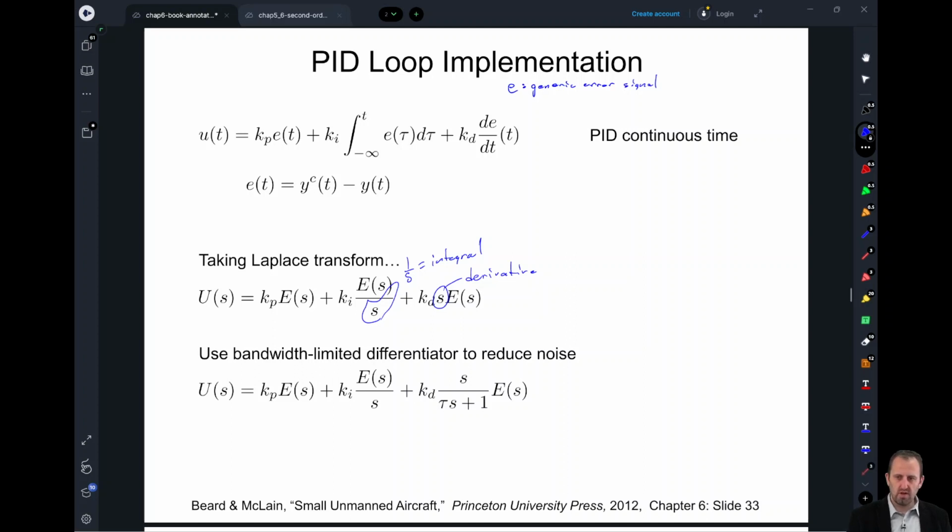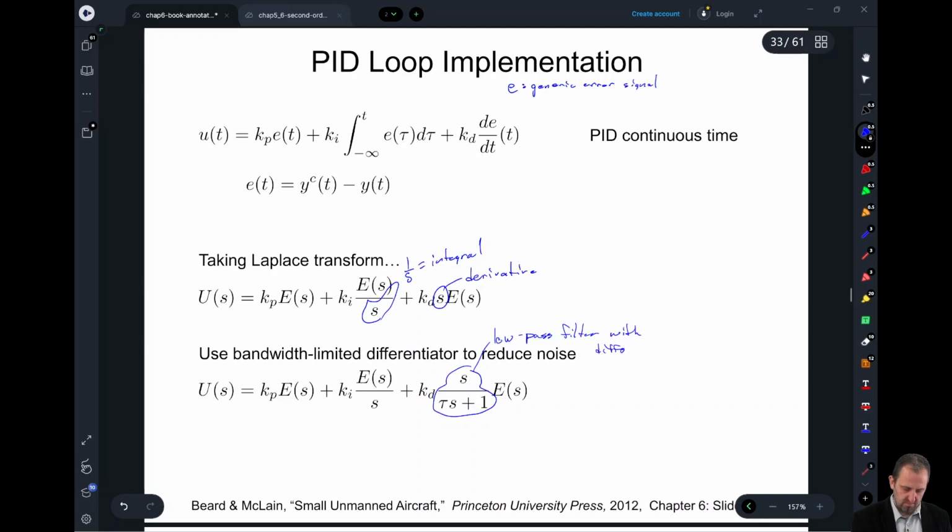So what you can do is just use a band limited differentiator. This is basically a low pass filter with the differentiator. So we low pass filter our derivative, and this is parameterized by that value tau.